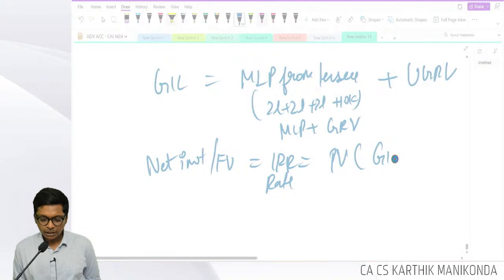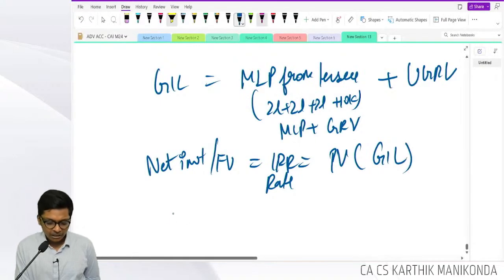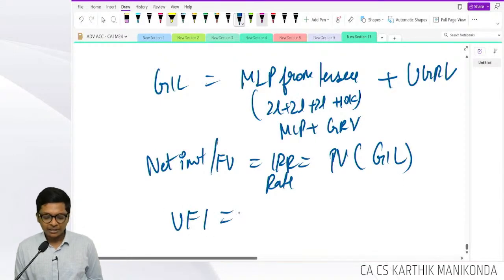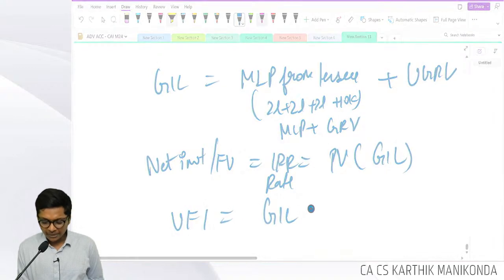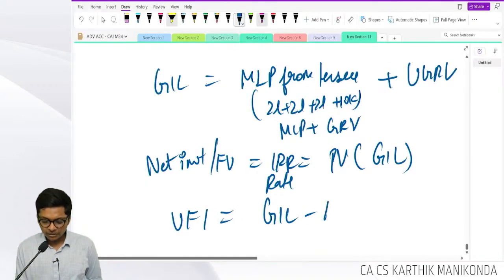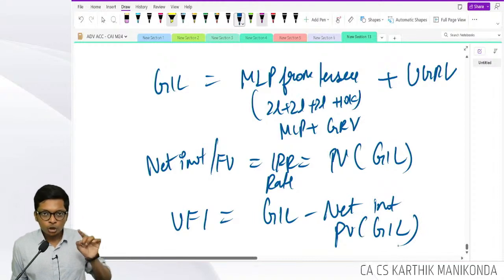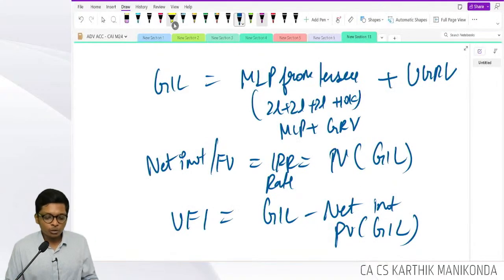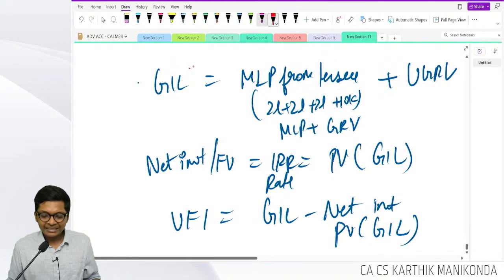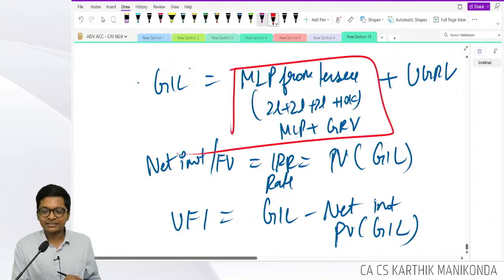Are you following, guys? At IRR rate, it's present value of GIL. Unearned finance income will be GIL minus net investment in lease, or in other words, present value of GIL. Now, when I am doing accounting in the books of lessee, I will consider only this, which is 2 lakh plus 2 lakh plus 2 lakh plus 10,000.